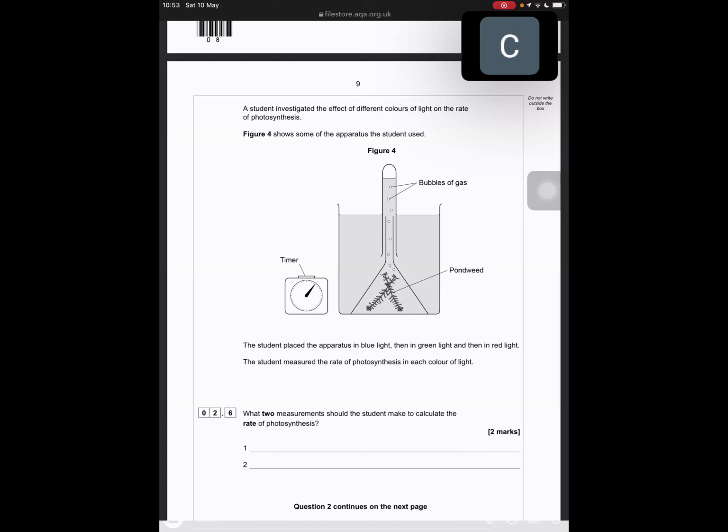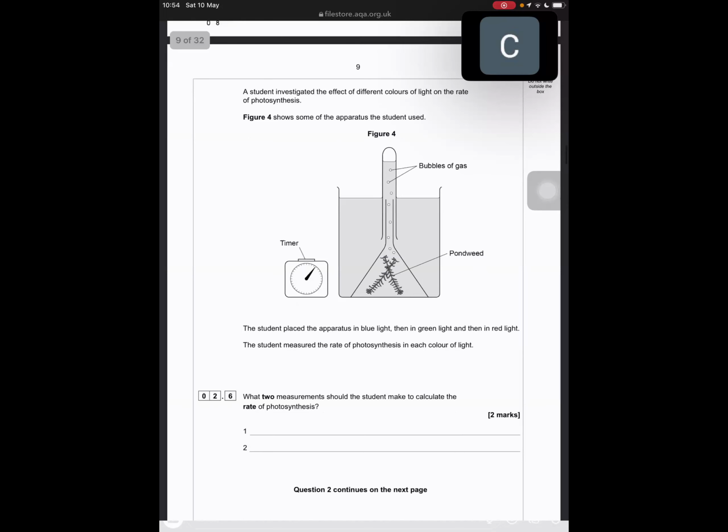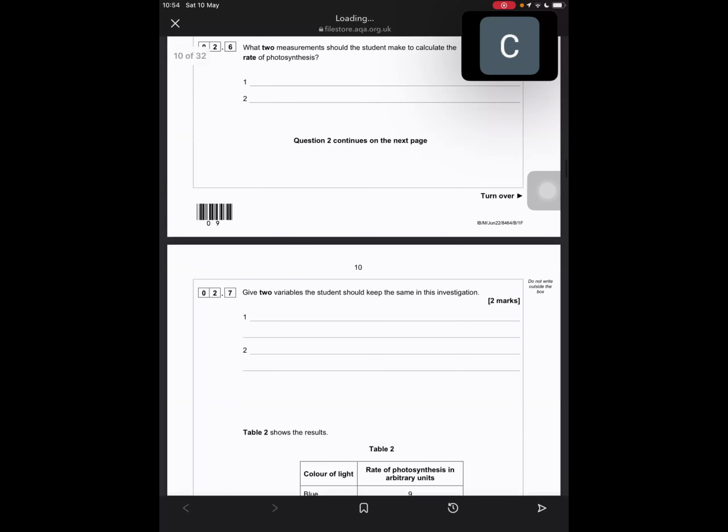So to measure the rate of photosynthesis, he will measure the time taken and the height of the gas column, because that column is going to keep on increasing as more gas is produced. Did you get that? Yes. Okay. All right. So we can move on, right?